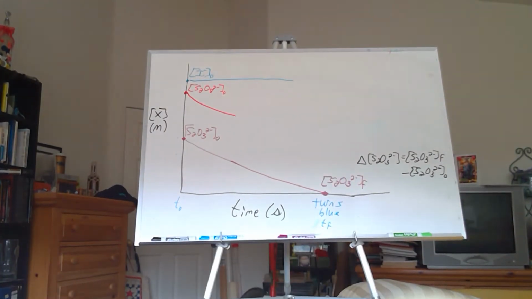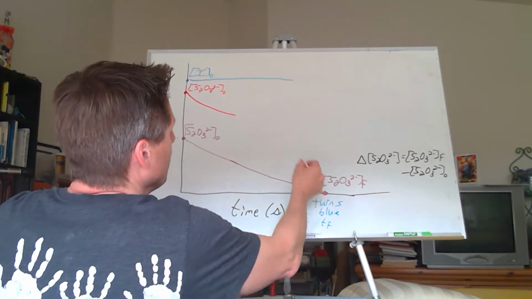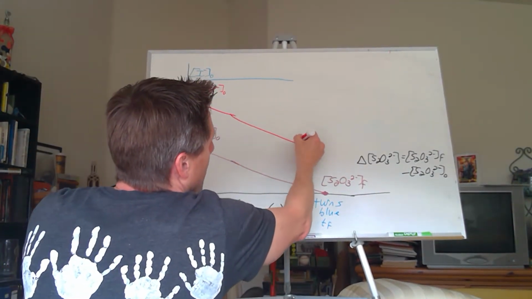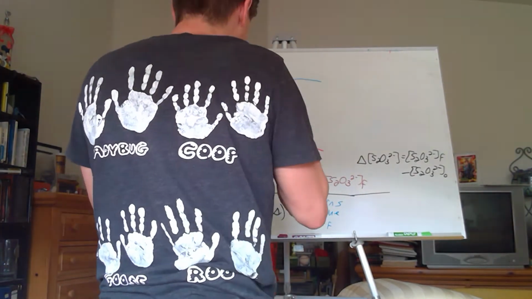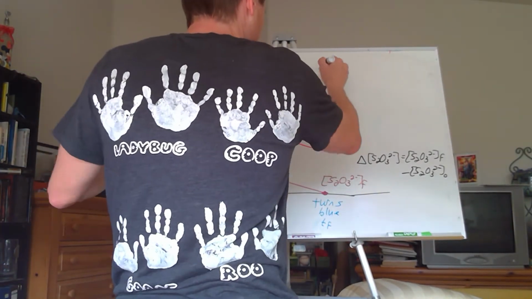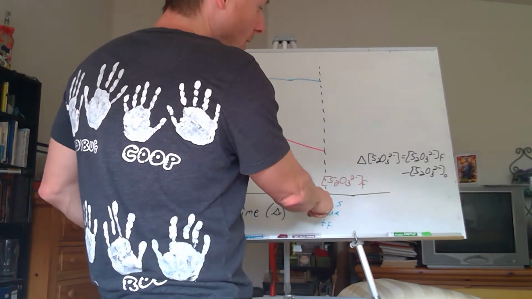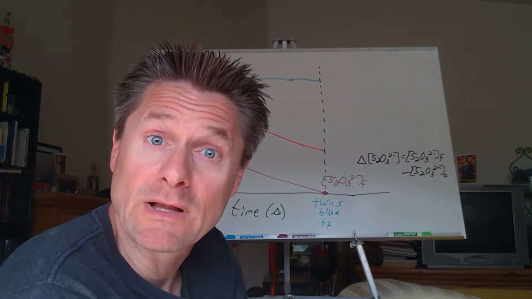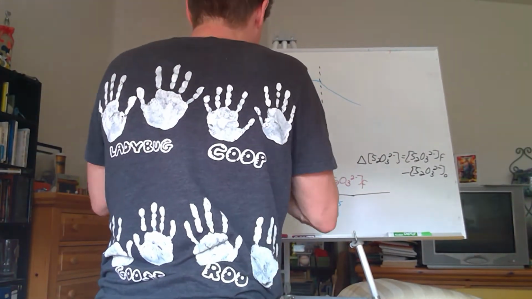So at the time that it turns blue, this will keep dropping, right? But this will stay constant. And let's draw a little vertical line here at this point. Right at that point, the thiosulfate runs out, which means the I- then starts to drop.